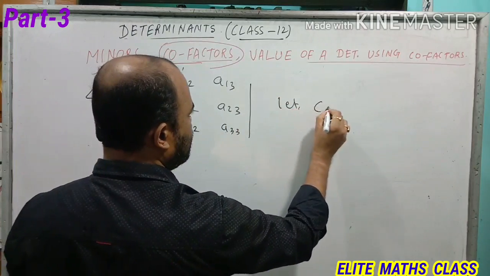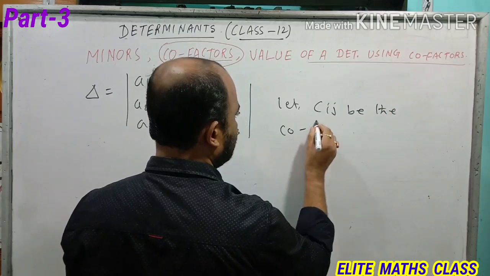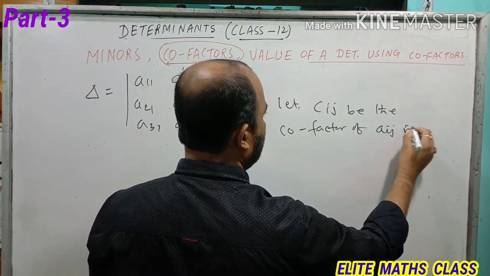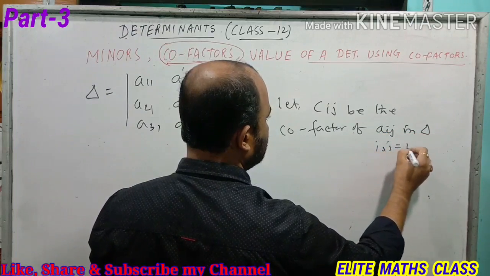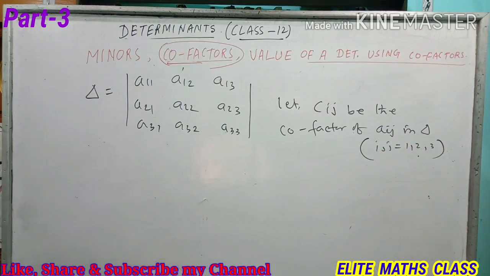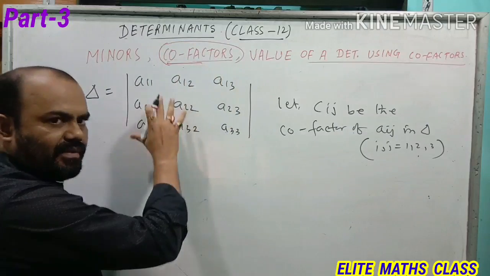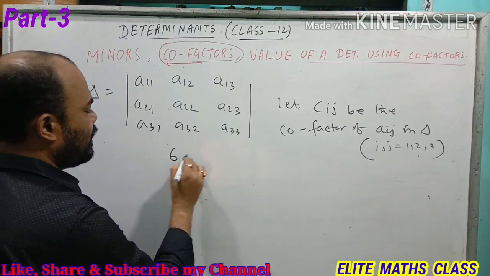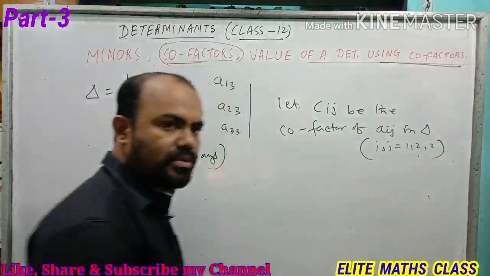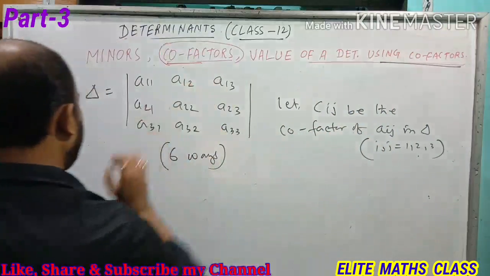Also let Cij be the cofactor of Aij in del, obviously i, j 1 to 3. Now, as I have discussed in my previous videos how to find the value of a 3×3 determinant, there are a total of 6 ways. Here also, using cofactors, there are 6 ways. Now see what will be the value of the determinant using cofactors.